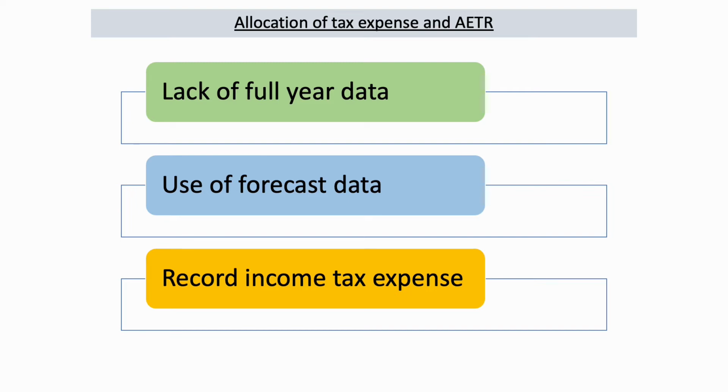Based on the forecast data, we calculate what the tax expense in each of the jurisdictions would be, and then we aggregate that to come up with an estimated effective tax rate for the year, which is also known as AETR. And then we record the tax expense for the interim period, which is your AETR times the year-to-date actual income.